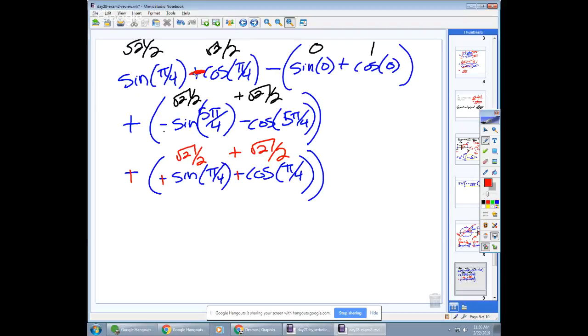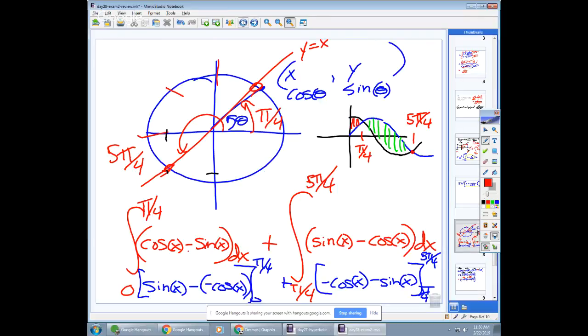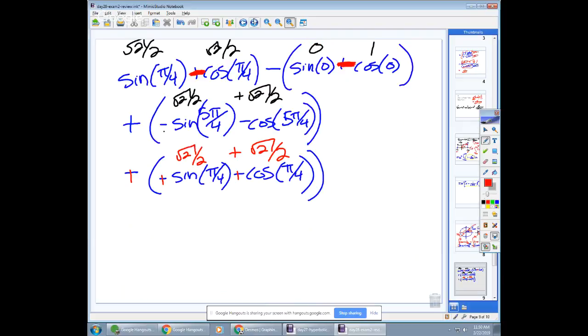This is supposed to be a minus, and that's supposed to be a minus. Can you go back a page? Oh no, it's minus a minus, it's a plus, I had it right. Ah, darn it. Okay, plus. That's a plus, all right. So we get the square root of 2 over 2 plus the square root of 2 over 2, which is just square root of 2.